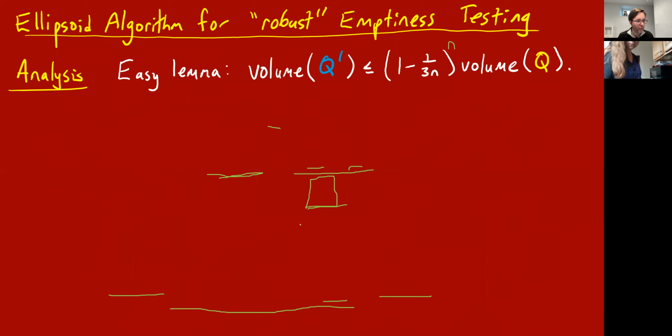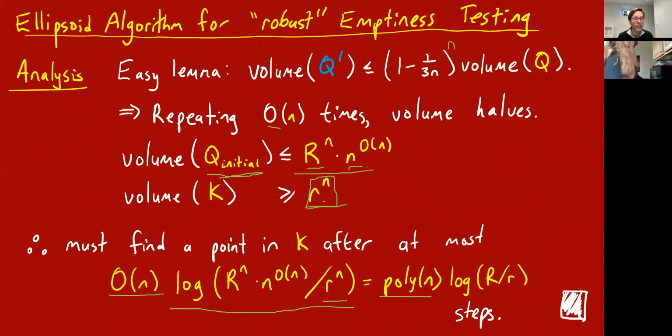Okay, we have another question. In the claim that the volume of the initial sphere, Q init, is at most r to the n times n to the n, where does the n to the n come from? Oh, this is because, if I ask you what is the volume of a sphere of radius 1 in n dimensions, there's a formula for that, and it's something like n to the order n.